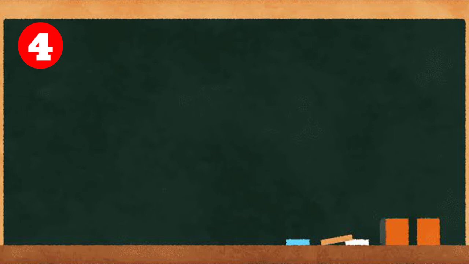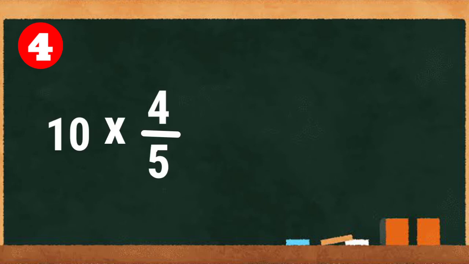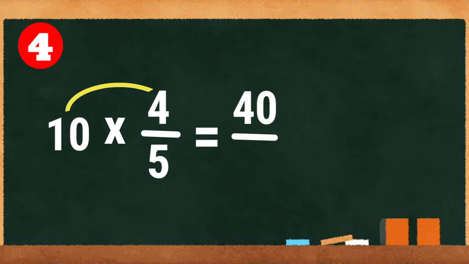And the last one is 10 times 4 over 5. So we have to multiply the whole number and the numerator. So 10 times 4 is 40. And copy the denominator of your fraction, so it is 5. So 40 over 5. Is this your final answer?